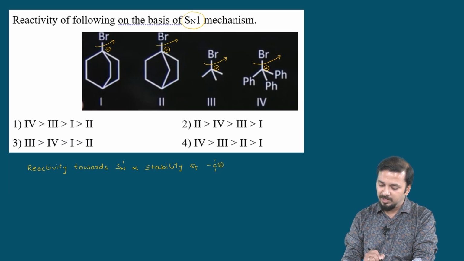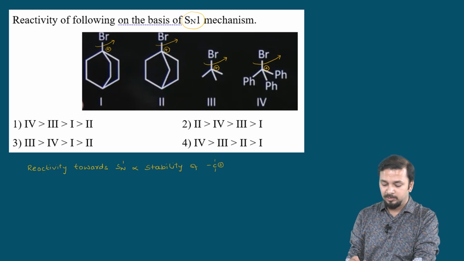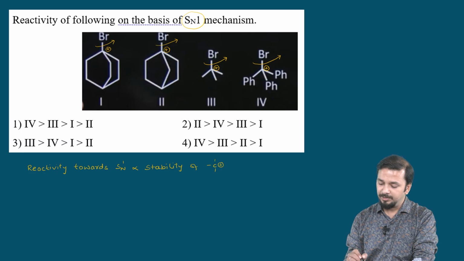With that logic we have eliminated option 2. So we are left with options 1, 3 and 4. Now between 3 and 4, positive charge is on carbon, but in case of 4, this positive charge is stabilized by +M of the benzene ring.